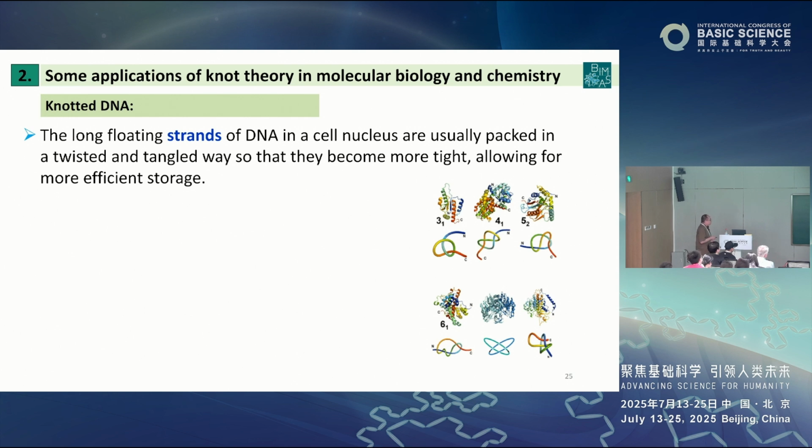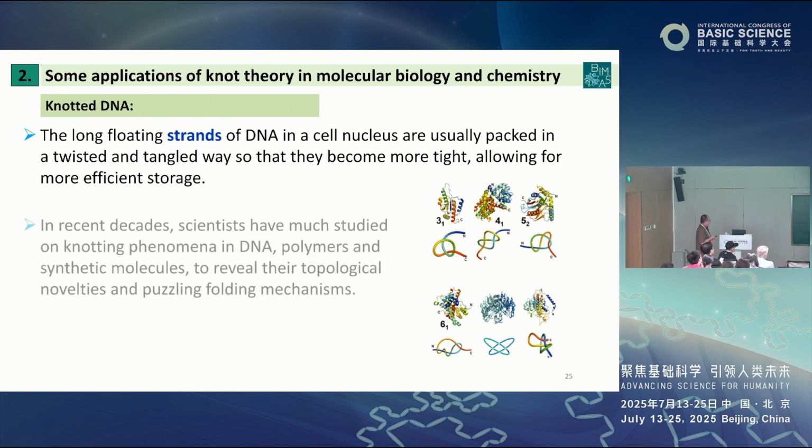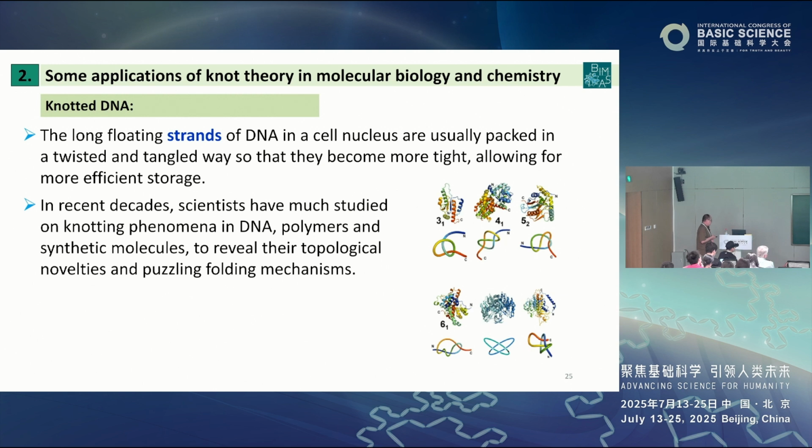The long floating strands of DNA in the cell nucleus are usually packed in a twisted and tangled way, so that they become tighter, allowing for more efficient storage. In recent decades, scientists have studied knotting phenomena in DNA, polymers, and synthetic molecules.